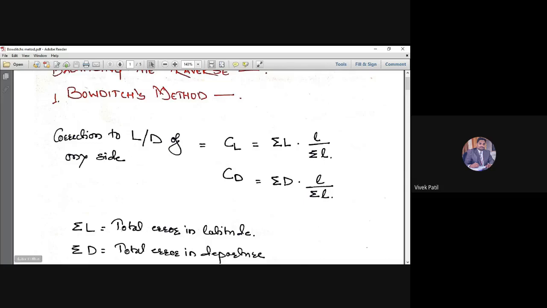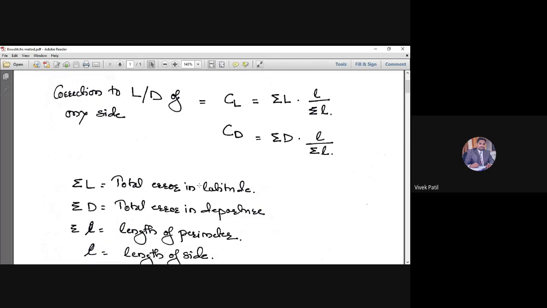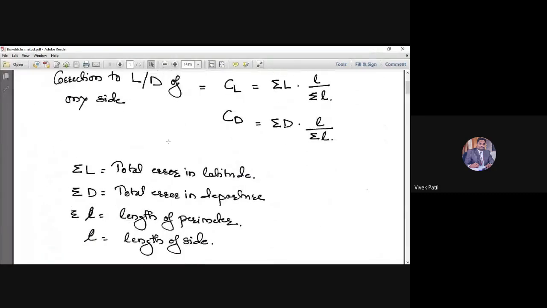Summation of latitude is the total error in latitude, summation of departure is the total error in departure, summation of L is the length of the perimeter, that is the total length of that traverse, and L is the length of the particular side for which we are applying the correction. That is the formula we use for the calculation of the correction.